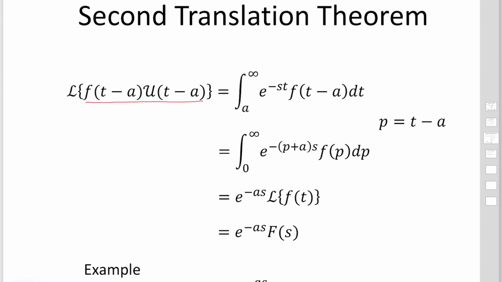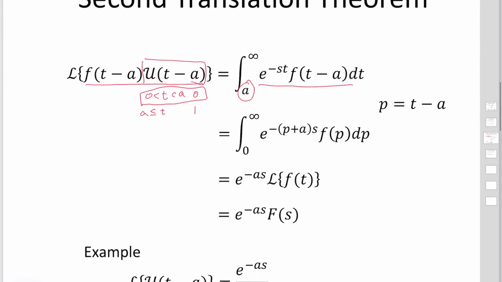We follow the definition of the Laplace transform. The unit function for t between 0 and a is 0. If t is larger than a, it becomes 1. The lower limit is changing because between 0 and a, the unit function becomes 0. The rest is the same as the definition of the Laplace transform.